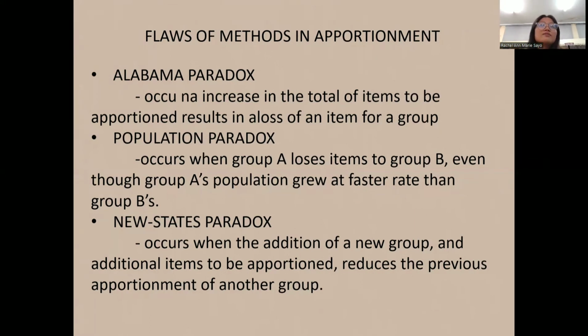And lastly, the new states paradox occurs when the addition of a new group and additional items to be apportioned reduces the previous apportionment of another group. So these are the flaws of methods in apportionment.